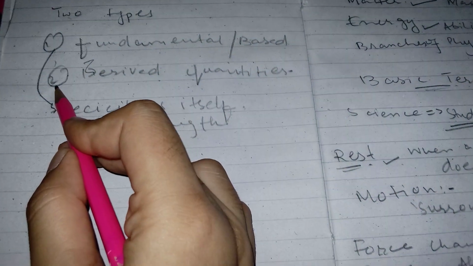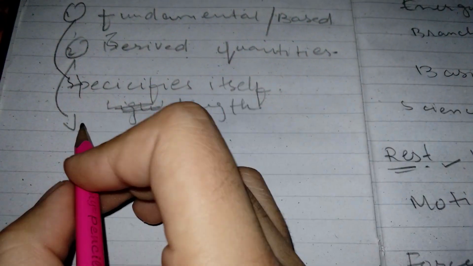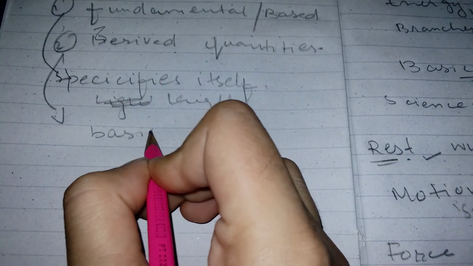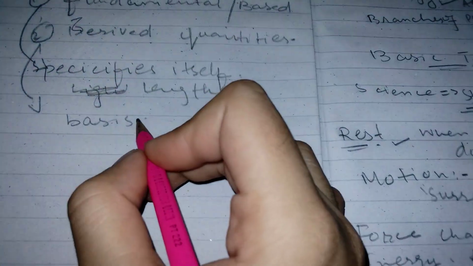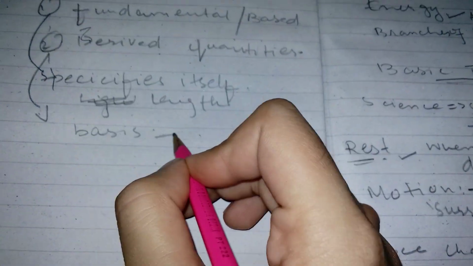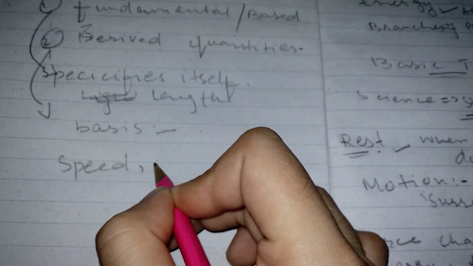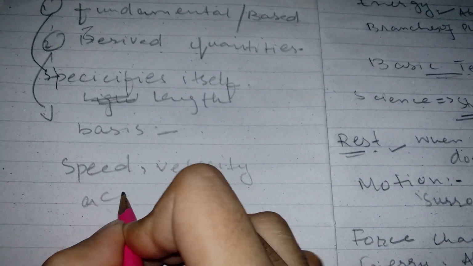And derived quantities are those that specify themselves on the basis of one or more other quantities. For example, we have speed, velocity, acceleration.